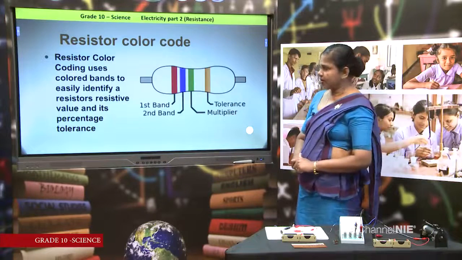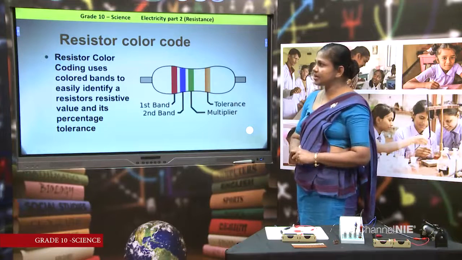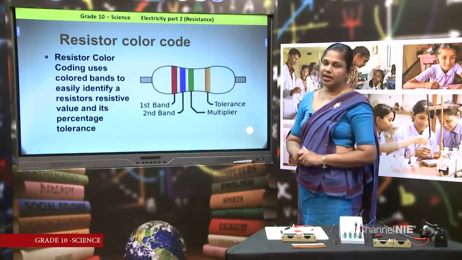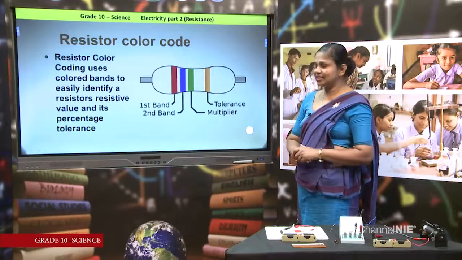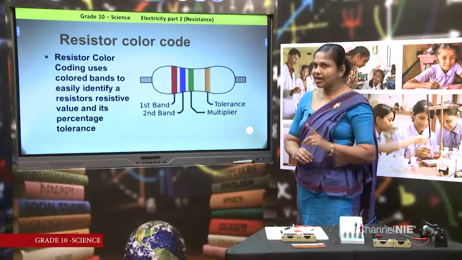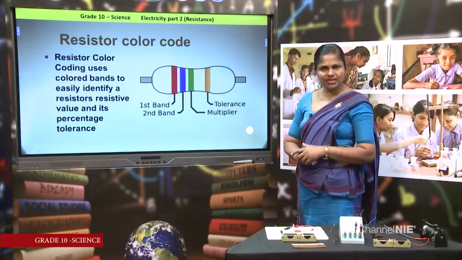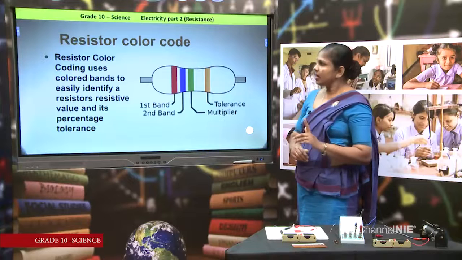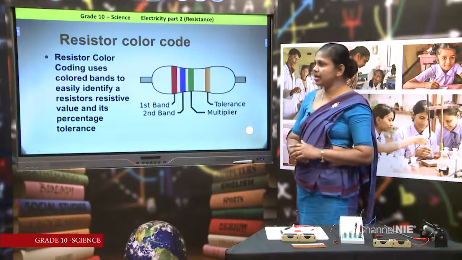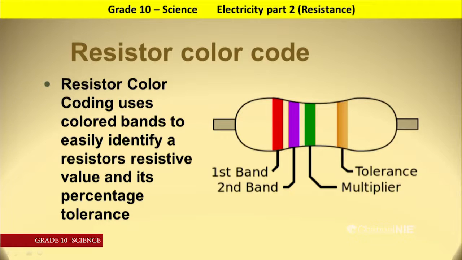What's this, children? This is a resistor color code. As I told you earlier, now I am going to explain what a color code resistor is. Resistor color coding uses colored bands to easily identify a resistor's resistive value, children.